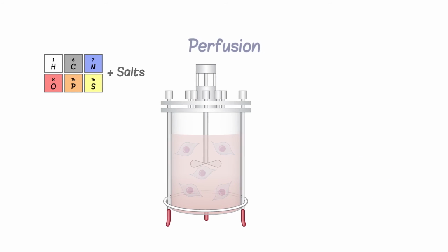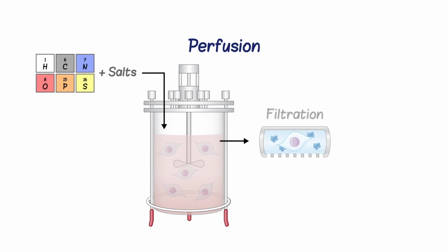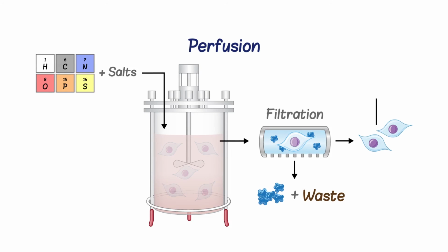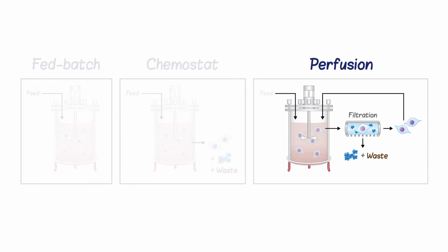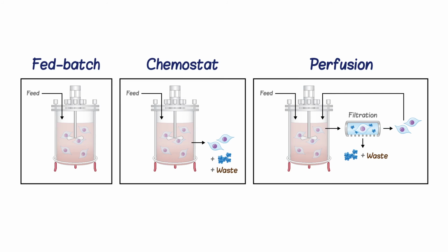Or we could retain the cells in the reactor by some filtering mechanism while we perfuse media containing the desired product and cellular byproducts through the system. As you can see, all of these modes of operation can impact our production, though each has advantages and disadvantages that we will explore further later.